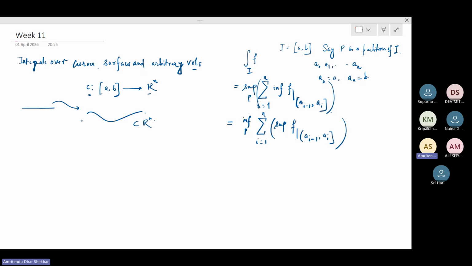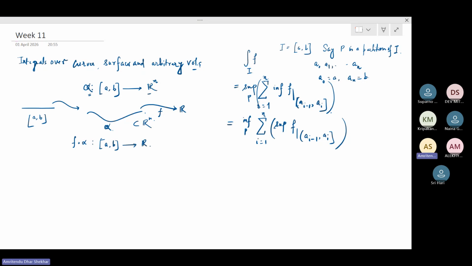So you have this interval (a, b), which is getting mapped to this curve, which I'm calling C. Or let me call this curve alpha instead of C. And then you have a map defined from alpha to R. If you compose these two mappings, you get a map from (a, b) to R. So you have f composed with alpha, which gives a map from (a, b) to R.